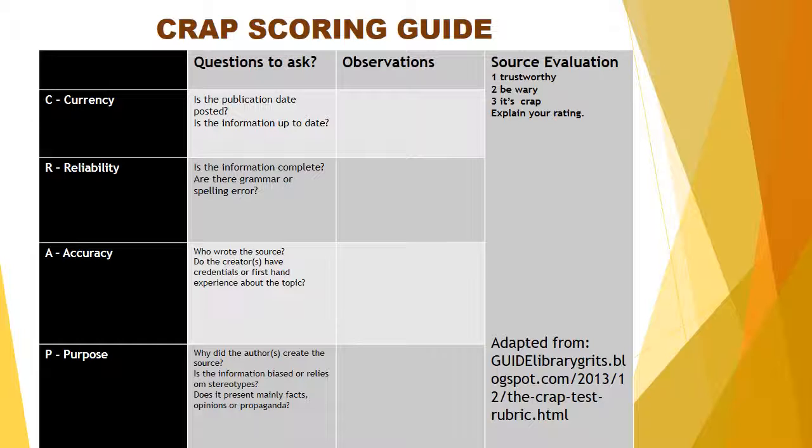You look at the questions that relate to each category. And from the questions, you make observations about what you actually see in the website, like how it addresses the questions. And from there, you're going to come up with an overall score of the source evaluation. Is it trustworthy? Is it a source to be wary of? Or is it crap? And you have to explain your rating.